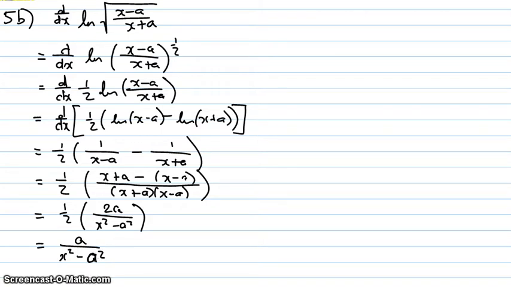So let's now take a look at part C. Here we have to differentiate ln of ln x. It looks a little tricky, but it's actually just an application of the chain rule.